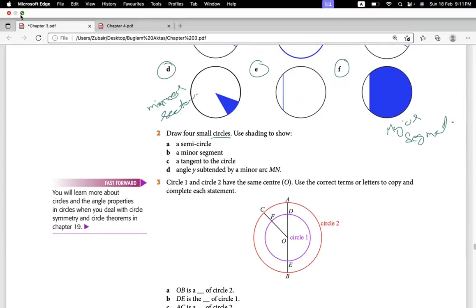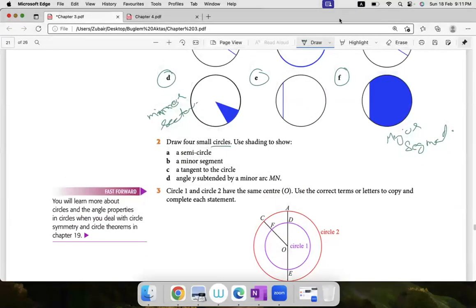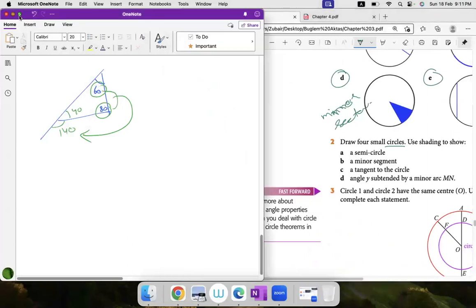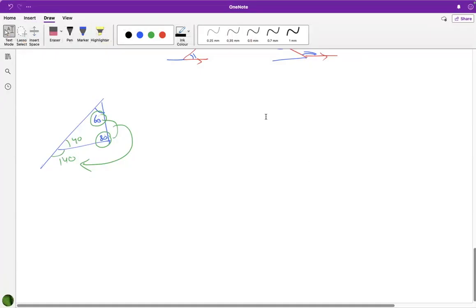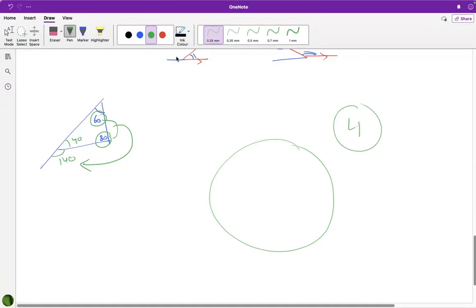I just remembered one of the interesting questions. What if I ask you to draw a circle and then draw 4 chords? You know what a chord is? Or let me say 4 straight lines.